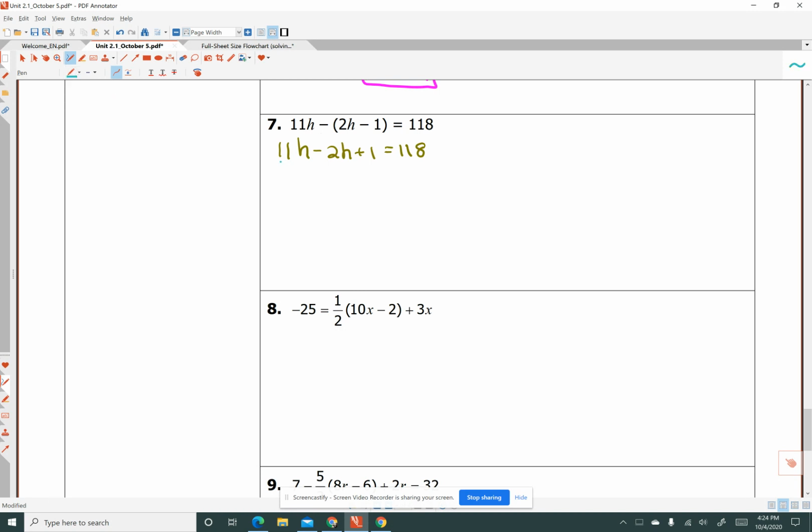Well, I've got 11h minus 2h, with which 11 minus 2 is 9. So I'm combining these two. 11 minus 2 is 9h plus 1 equals 118. So now I want to save this 9h. We'll deal with that in a minute.